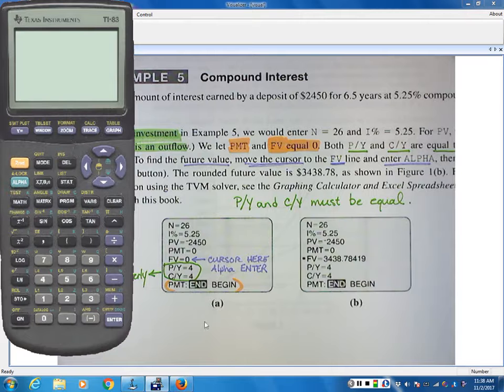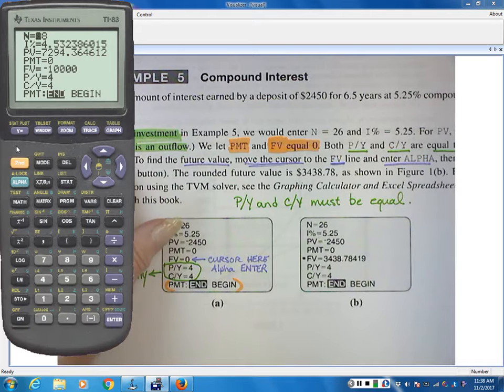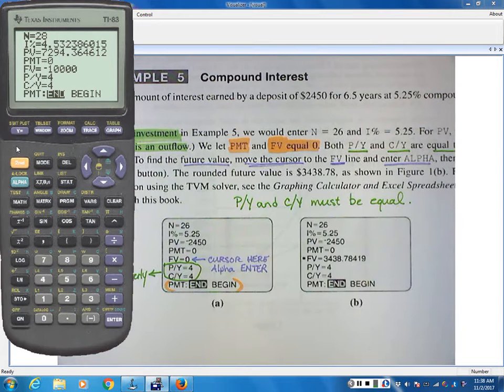So let's see if we can get this problem in here. Now, n, remember, is the number of times that you're going to compound. We're going to compound quarterly, so that's 4 times 6.5 years. You don't have to do this arithmetic separately. It'll do that for you.